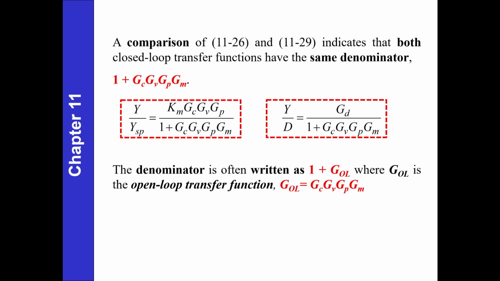It is telling us that the denominator, which is this one, is the same. All these Gc, Gv, Gp, Gm can be equal to Gol, which is the open loop transfer function. Later on, we will see why we need to simplify it further. Don't worry. Your first task is to get this equation and this equation. Make sure you try by yourself.